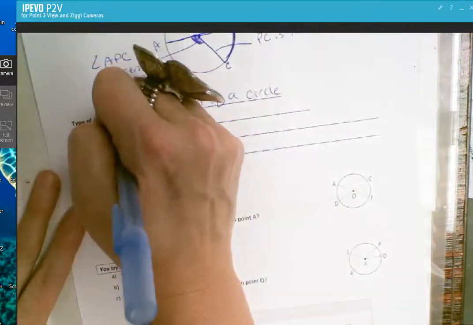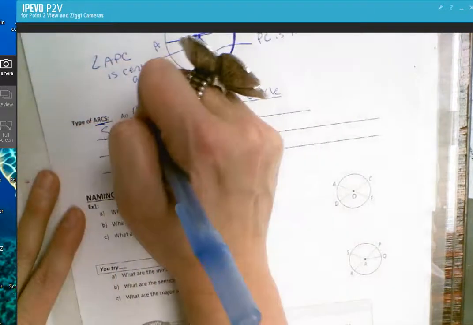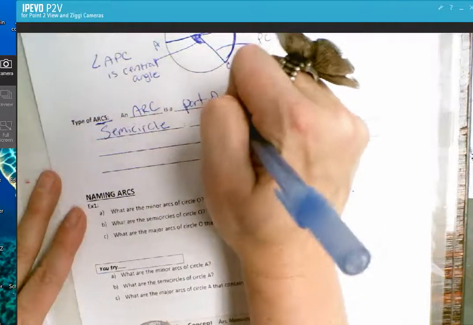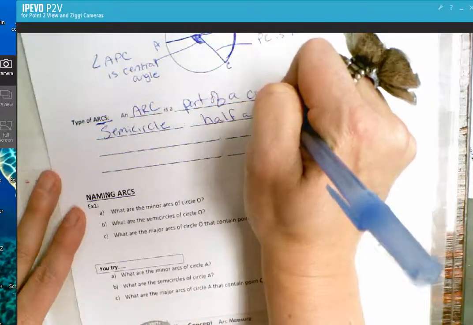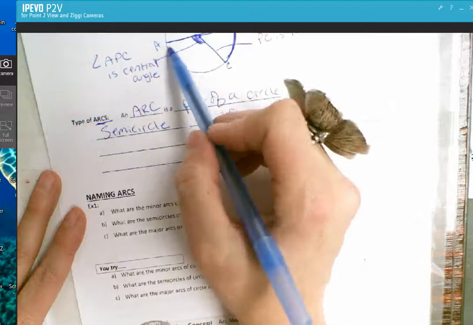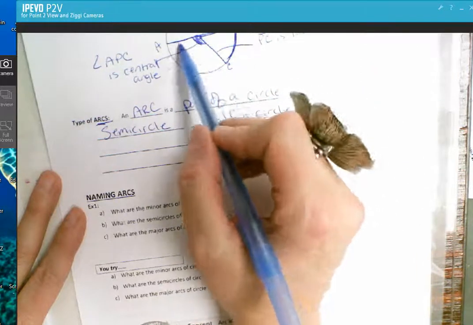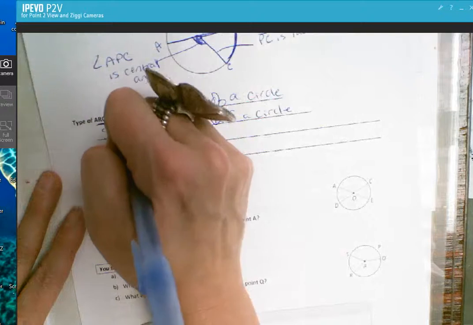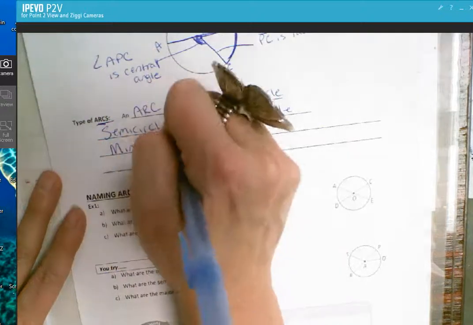So we have a semicircle. We already know a semicircle is half a circle. So that would be this ACB. The semicircle goes halfway around the circle. We have a minor arc.